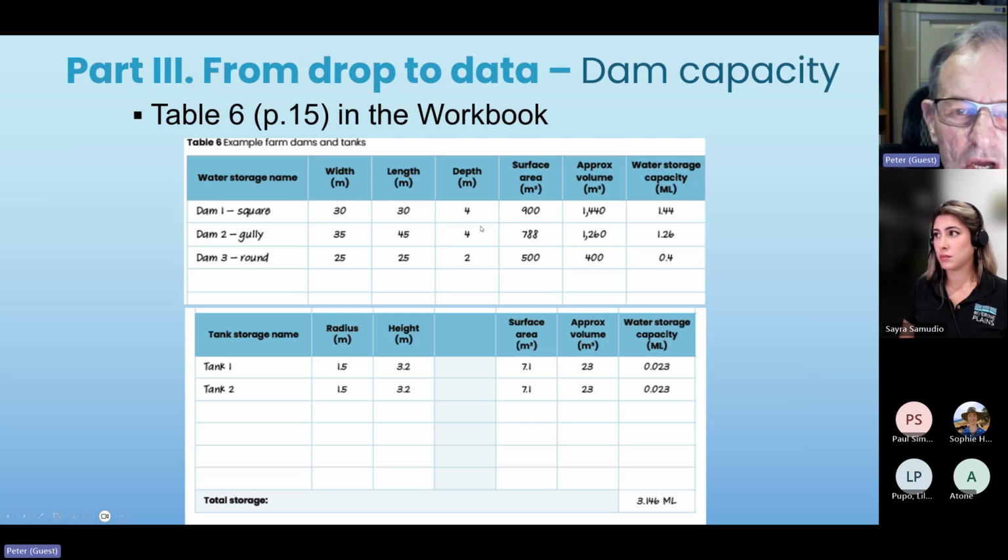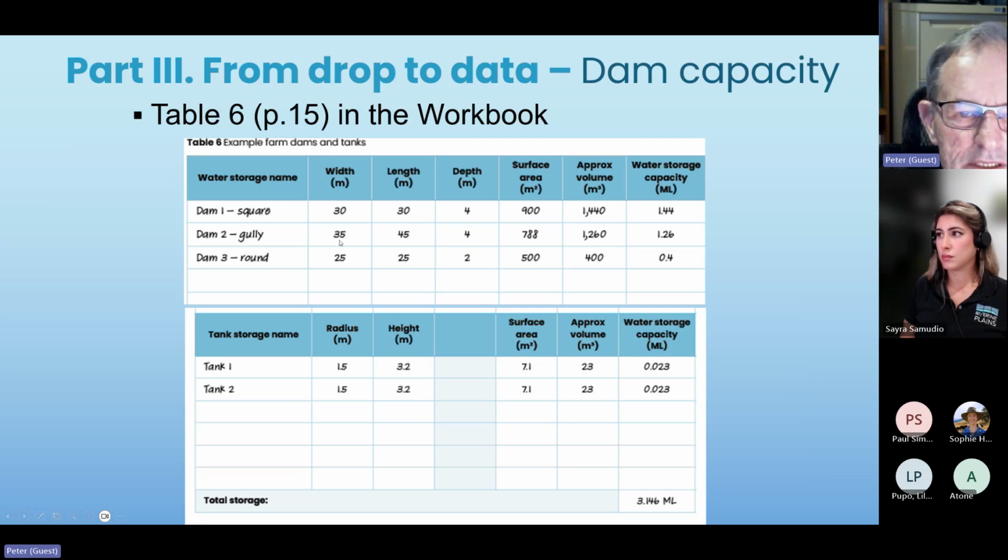So then we multiply 900 by 4 metres by 0.4, and we get a volume of 1,440 cubic metres, which is 1.44 megalitres. And for our gully dam, or our triangular dam, our width is 35, our length is 45, we've got the same depth.